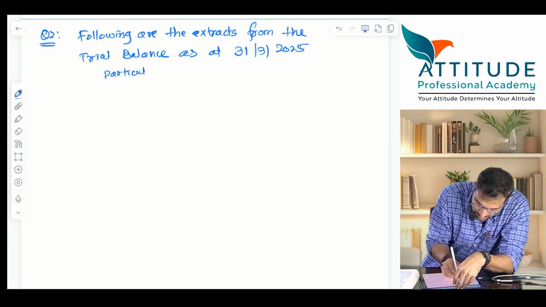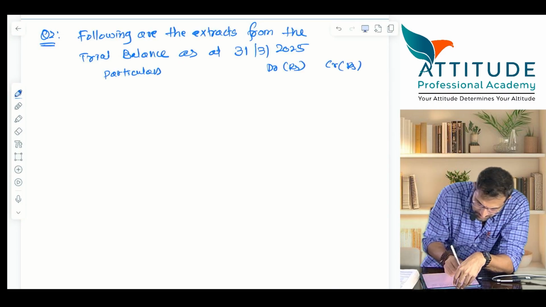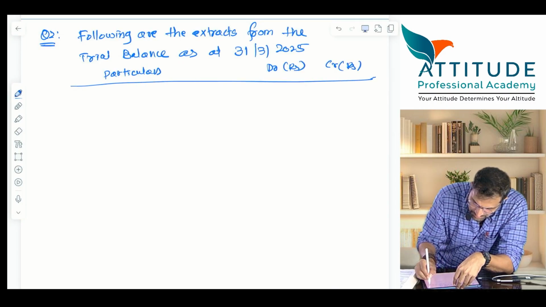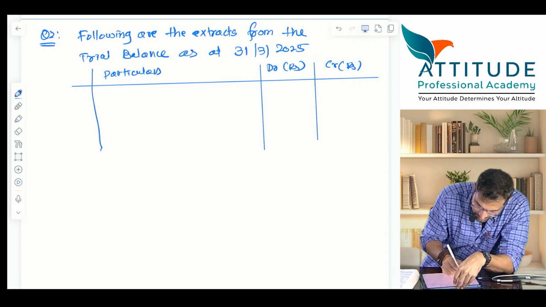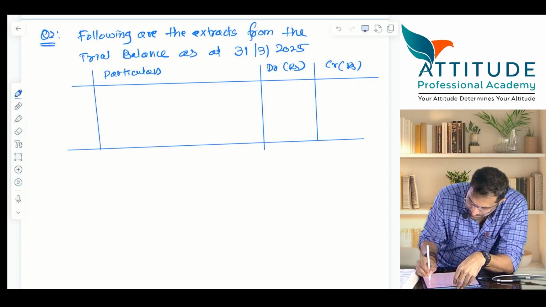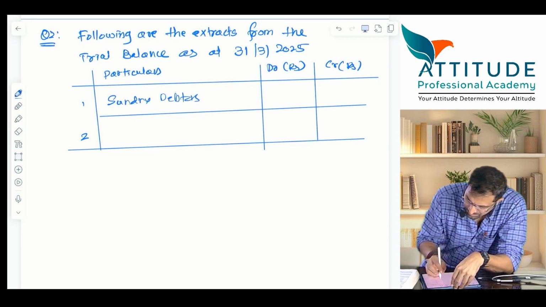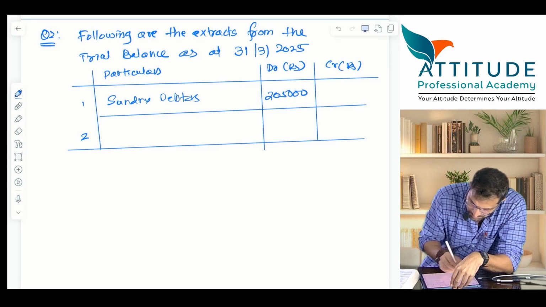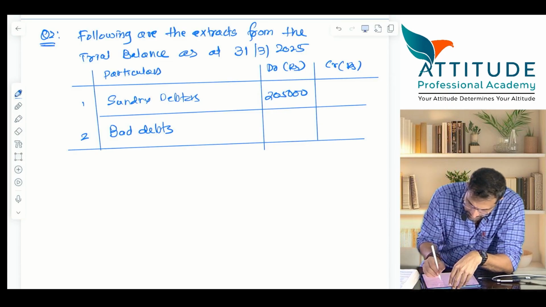Particulars: debit rupees, credit rupees. This is the trial balance extract, guys? Not the entire trial balance, but only as many items as are needed. Hardly 2 items. Item number 1, item number 2. Sundry debtors 2,05,000. Bad debts 3,000.